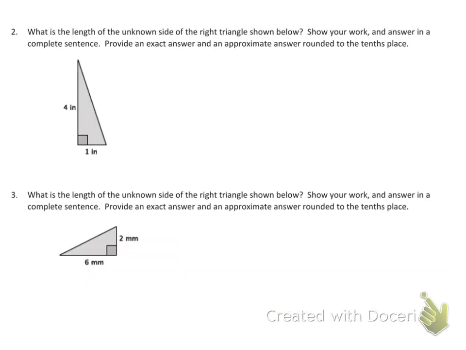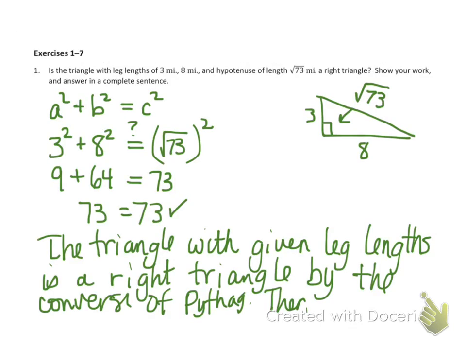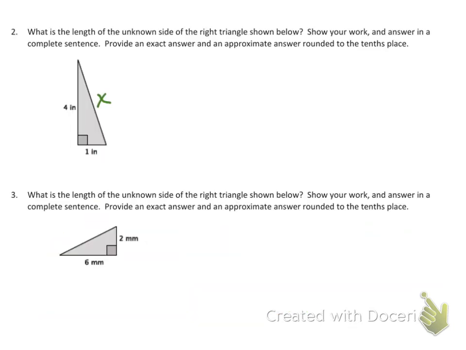All right, so what is the length of the unknown side of the right triangle shown below? Show your work and answer in a complete sentence. All right, so let's call this missing leg length x. We know we have a right triangle here because it's labeled as a right triangle. Remember, it has to be labeled. It can't just look like one. But it is labeled, so we know that it is.